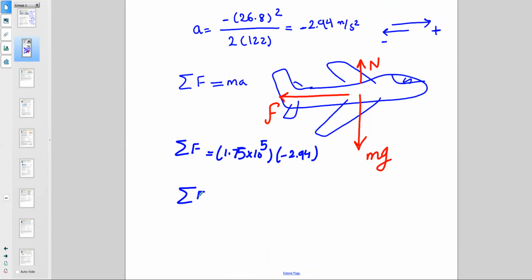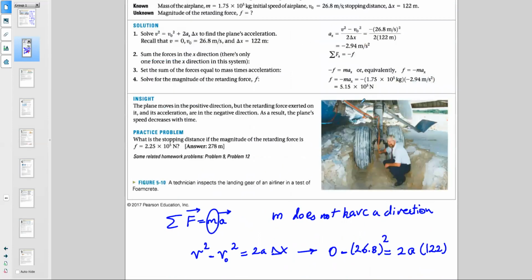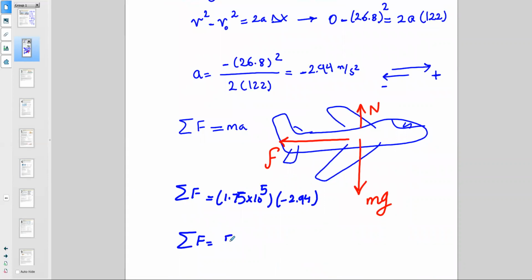And if we find this, it will be 5.15 times 10 to the 5 newtons, okay?